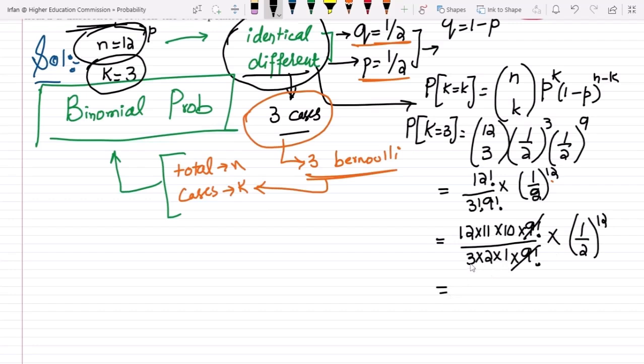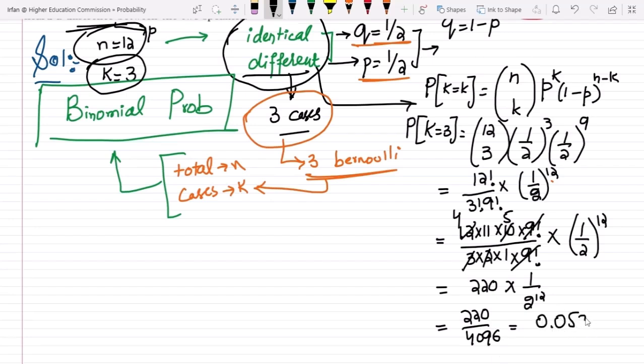Simplifying, 3 into 12 and 2 into 10, I will get 220 multiplied by 1 over 2 raised to the power 12, or 220 divided by 2 raised to the power 12, which is 4096. Dividing it, I will get 0.0537, and that is the solution of question 5.2.